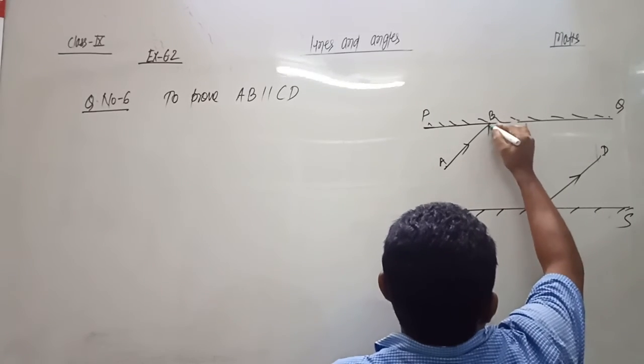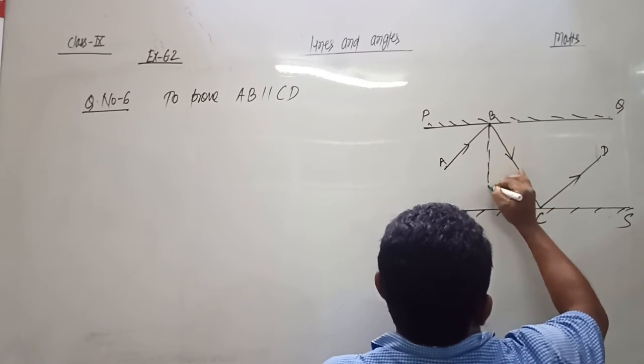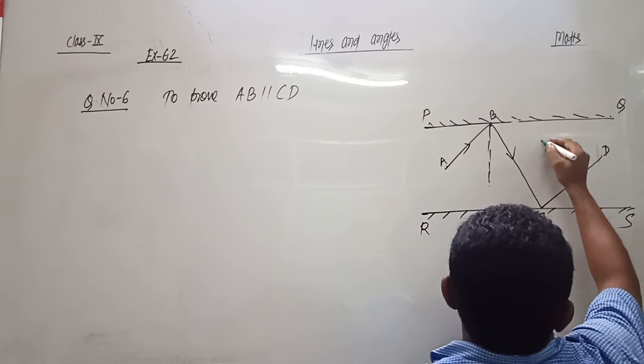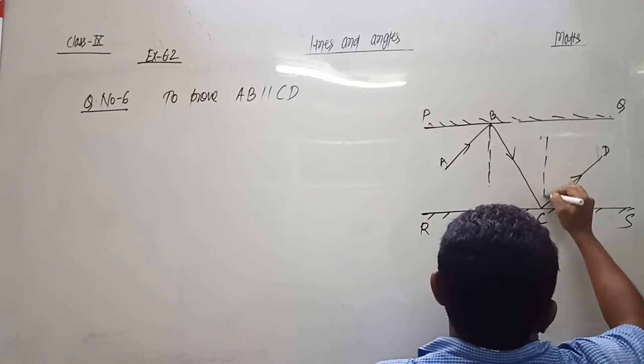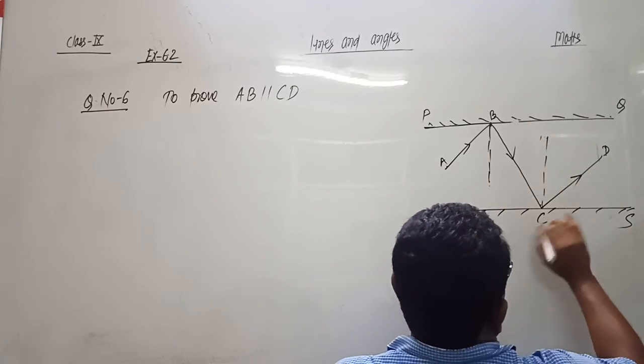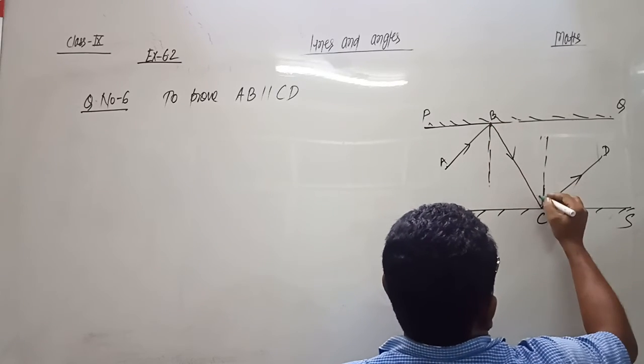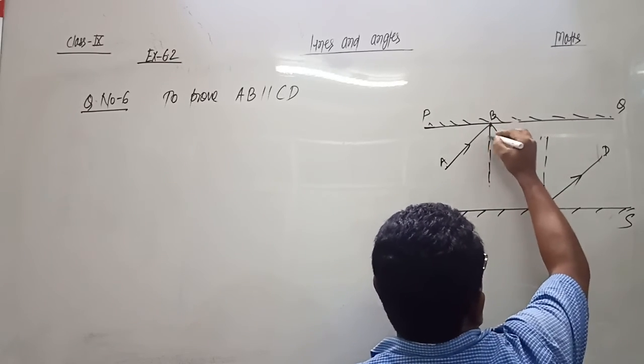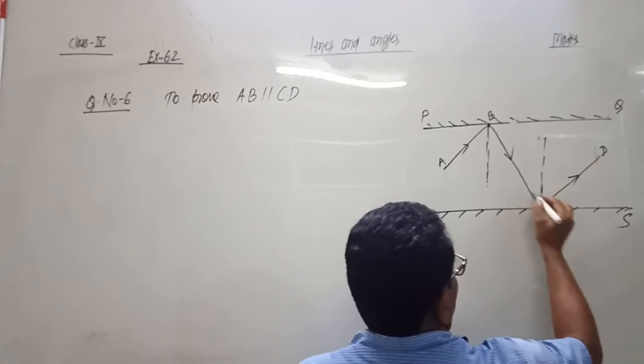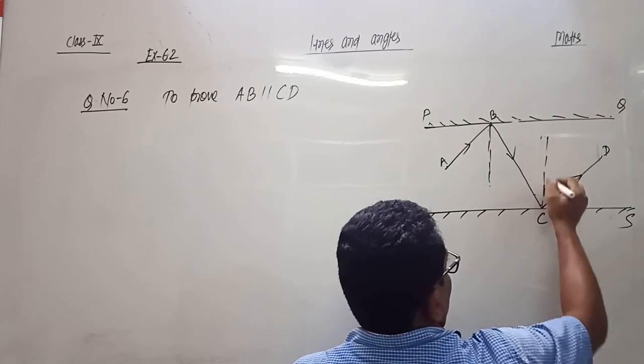We draw the bisectors of angle B and angle C, which must be parallel to each other, because this whole angle is equal to this whole angle, so its bisector must be parallel.